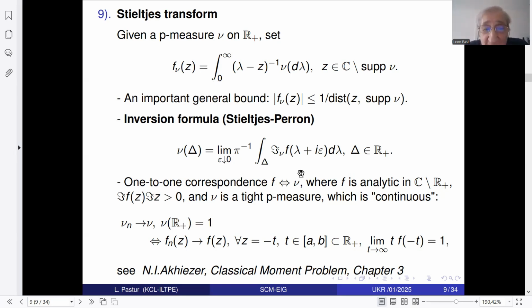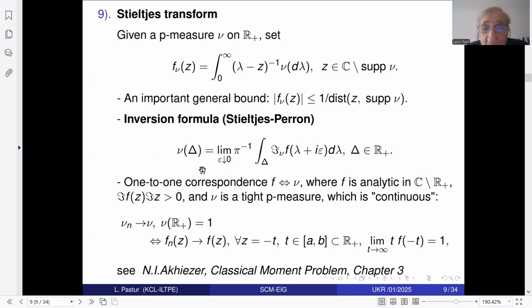And it turns out that if you are just looking from the side of complex analysis, you have a function of a complex variable such that the product of the imaginary part of f and the imaginary part of z is positive, then this one-to-one correspondence is continuous.